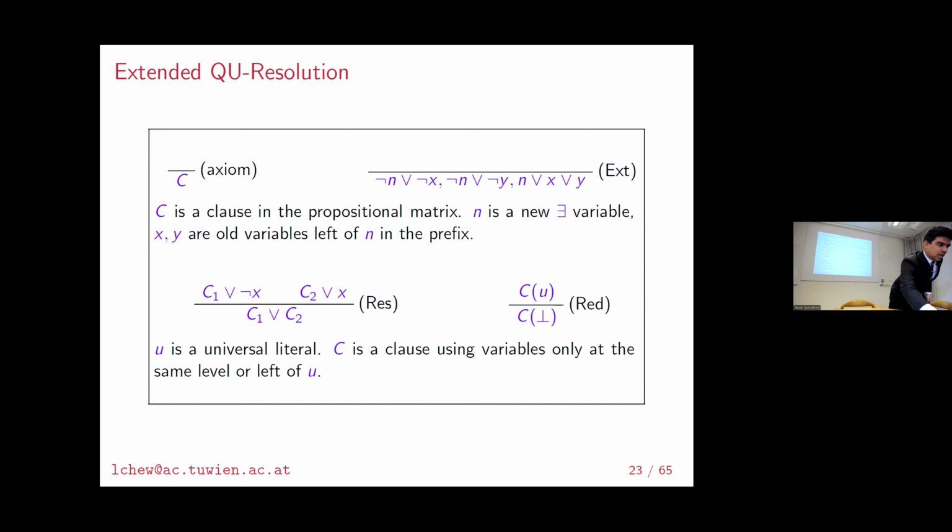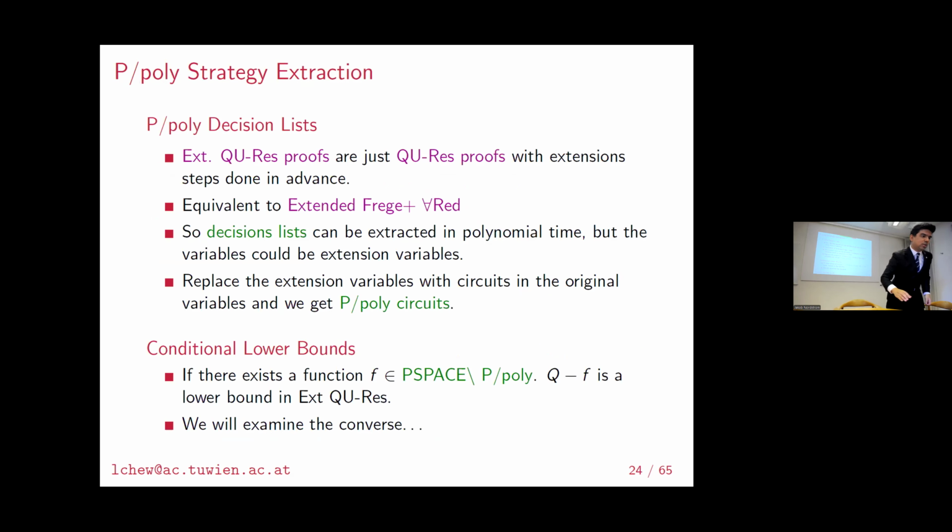Okay, yes. This extended QU resolution does have the strategy extraction property, similar to QU resolution, because extended QU resolution is just a QU resolution proof where you can do all the extension steps right at the beginning of the proof. The rest of the proof is just a QU resolution proof, and then you can do the same decision list construction that you did before.